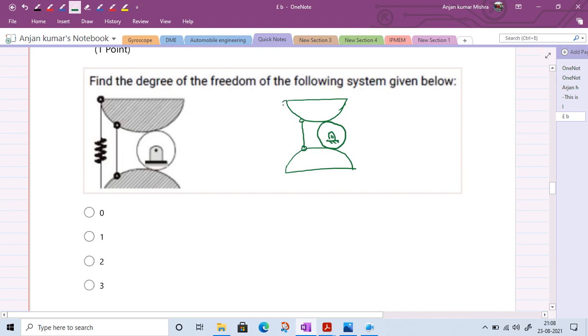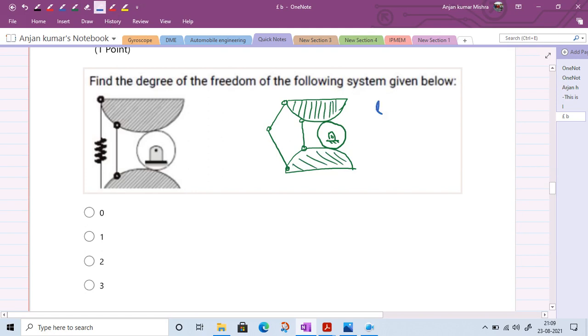A link came from here. So this spring will be replaced by 1 revolute pair. Now we can calculate the number of links and the number of joints that we can have.